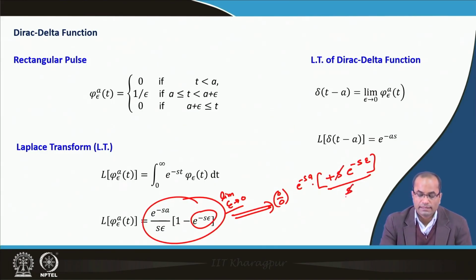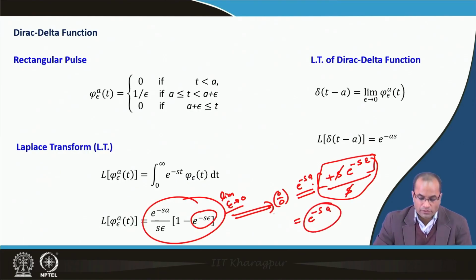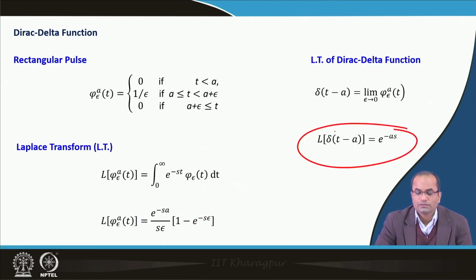So, this s and s get cancelled. So, we have e power minus s a, and when we take epsilon to 0, e power minus s epsilon is 1. So, the limit will be just e power minus s a. Here the Laplace transform of delta t minus a is e power minus a s.